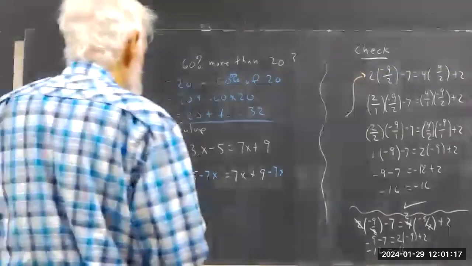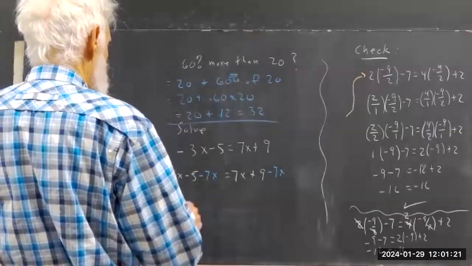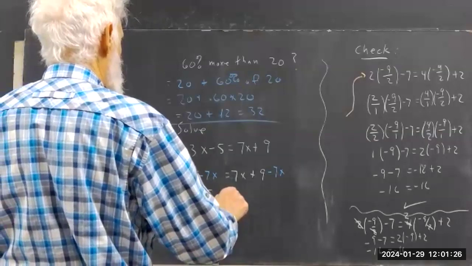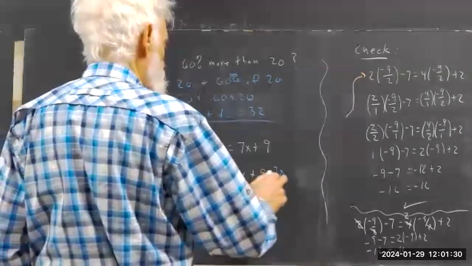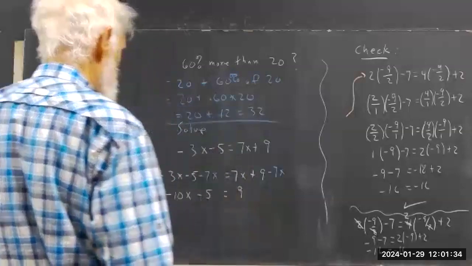Okay. Well, then negative 3x minus 7x is negative 10x, and you still got the negative 5. And 7x minus 7x, of course, is 0. So we just end up with 9 over here.